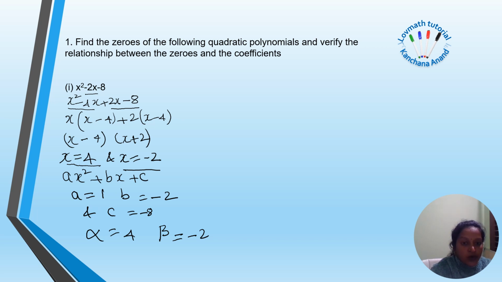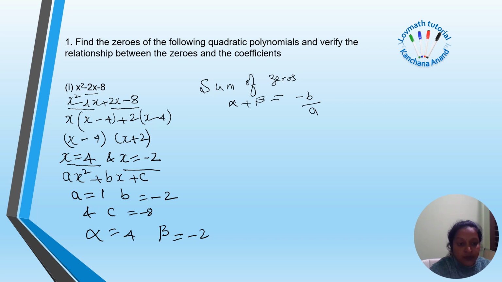Now to verify the relationship between the zeros and the coefficients, let us find the sum of zeros first. Sum of zeros, that is alpha plus beta, is equal to minus b by a.